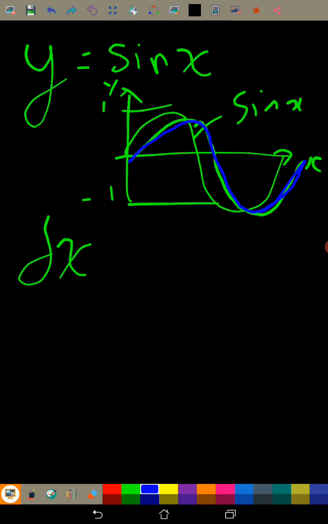And let delta y be the corresponding small increase in y.